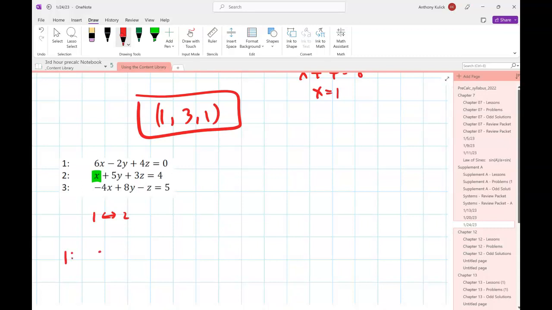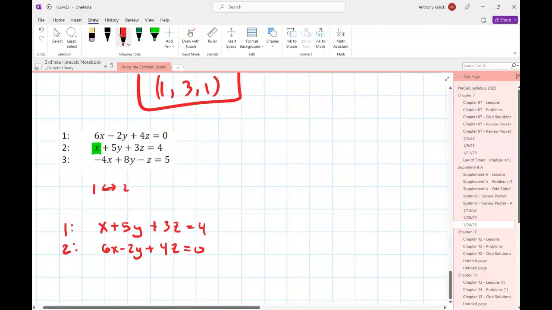So my new equation 1 is just going to be equation 2. And my new equation 2 is going to be my old equation 1. And equation 3, we didn't do anything to.